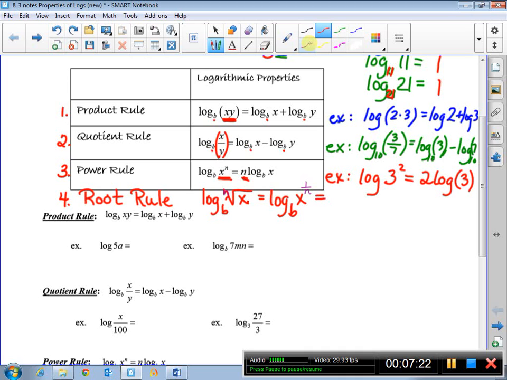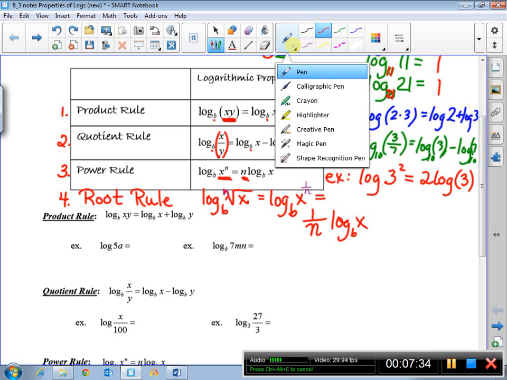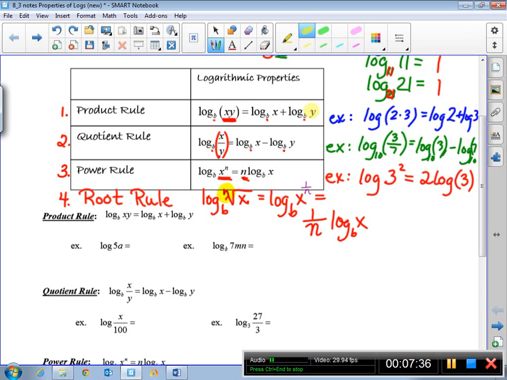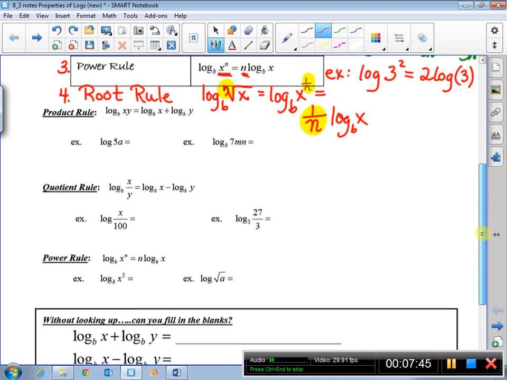And then that is just an exponent that's going to come out front: 1 over n log base b of x. So even if you have a root, the root is an exponent, and it still comes out front and multiplies. Okay? So watch out for those.